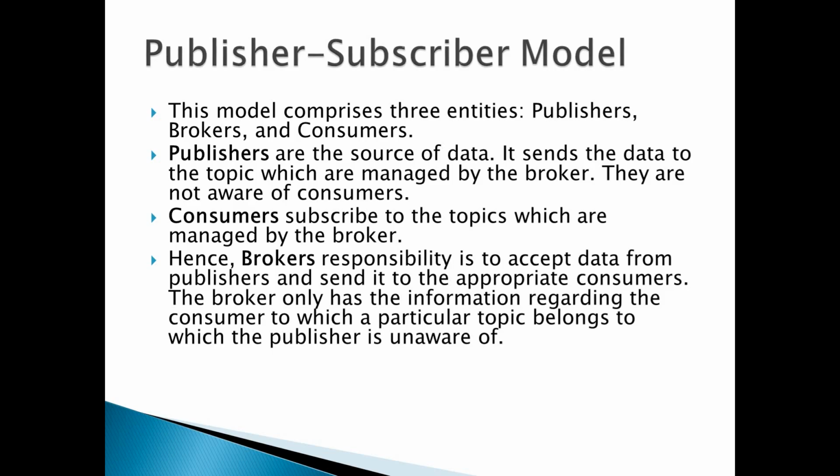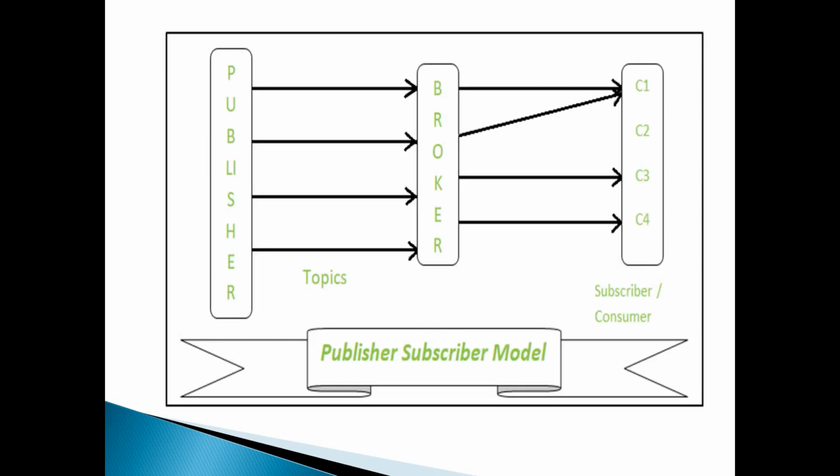The consumer is nothing but the subscriber of the topic, which is managed by the broker. The broker's responsibility is to accept the data from the publishers and send it to the consumers. In the publish and subscribe model, the MQTT protocol and the AMQP protocol are used in IoT.